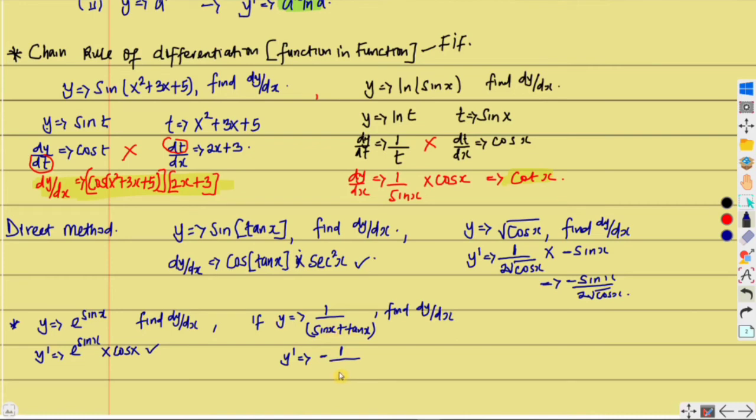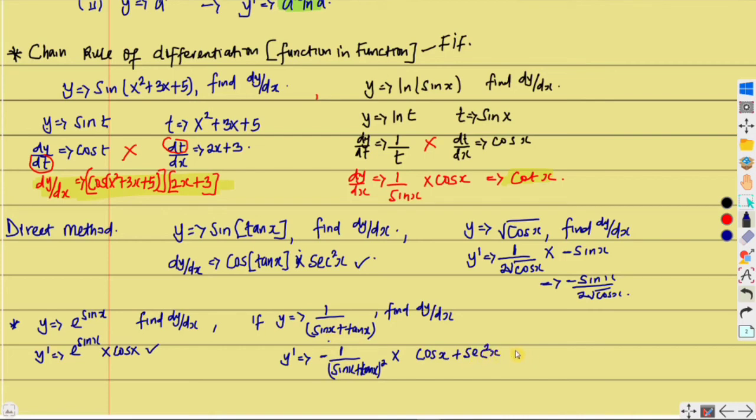We are doing the direct method. So t in this question is now sine x plus tan x, all squared. Then you multiply the answer with the differentiation of t. When you differentiate sine x, everybody knows sine x will give you cos x, and when you differentiate tan x, it will give you sec squared x.